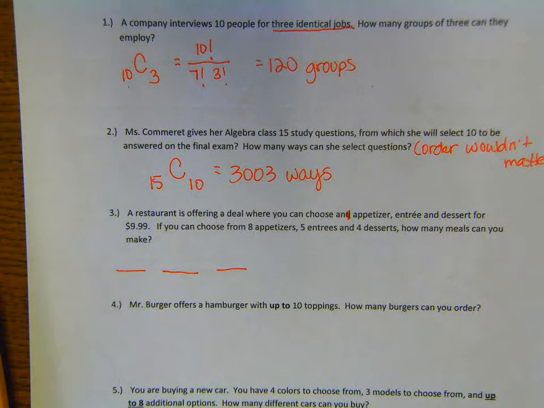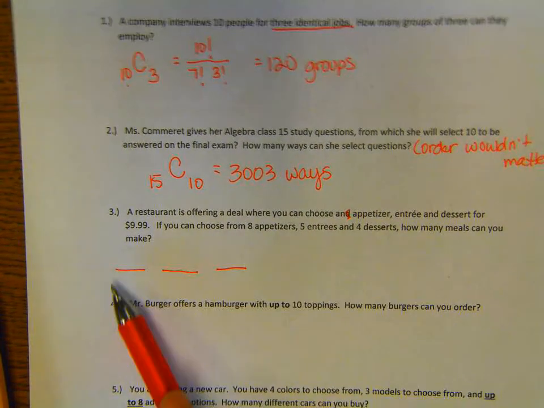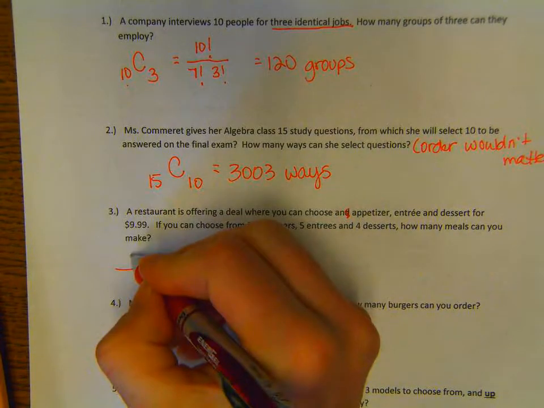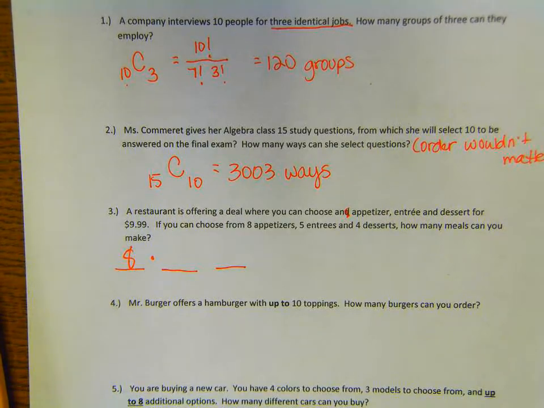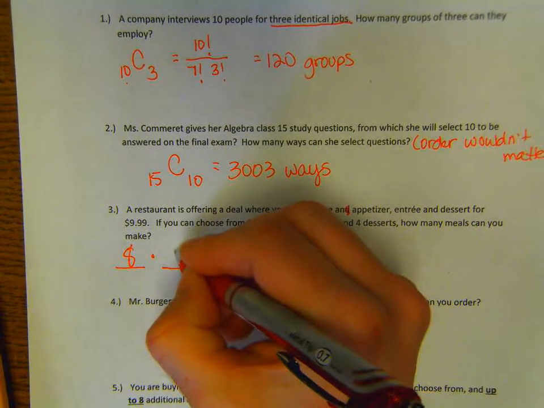So if these are my 3 things, how many different appetizers can I choose? How many entrees can I choose? How many desserts can I choose?